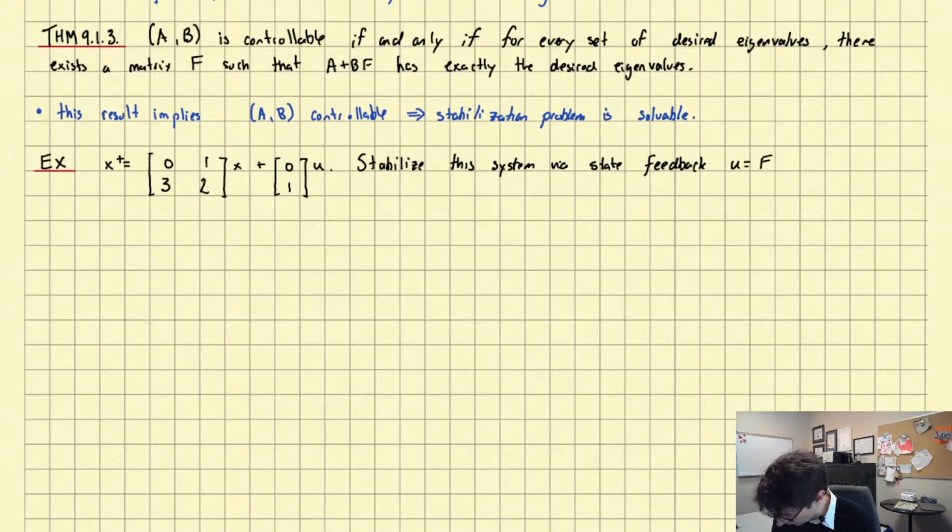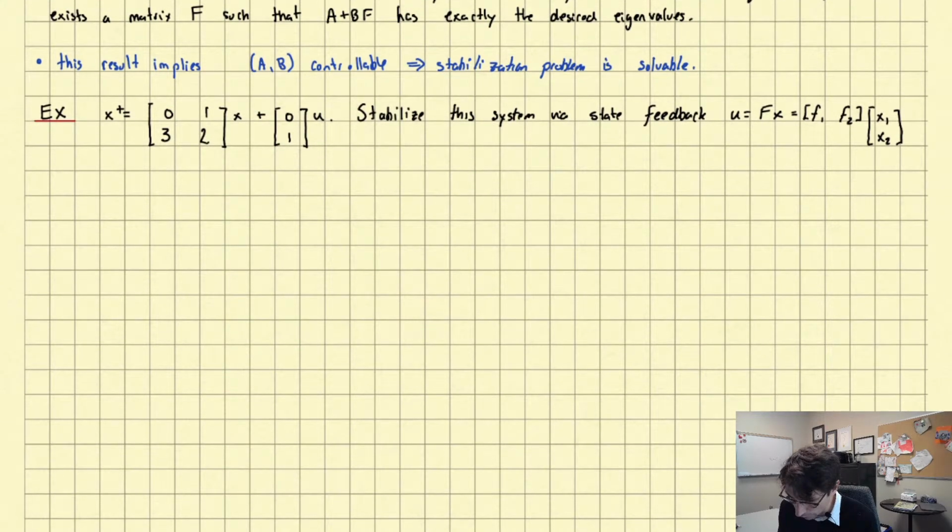So for that, in this case, there are two states and one input, so this is going to look like F1, F2 times x1, x2. Okay, so first let's check if we actually have to do anything. Is the system stable already? Because if it is, then just pick F equal to 0.